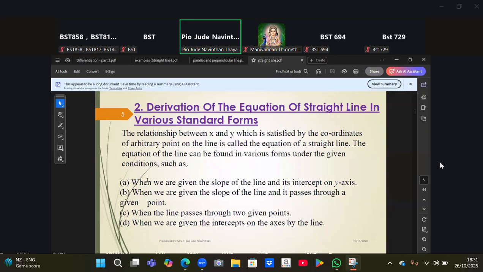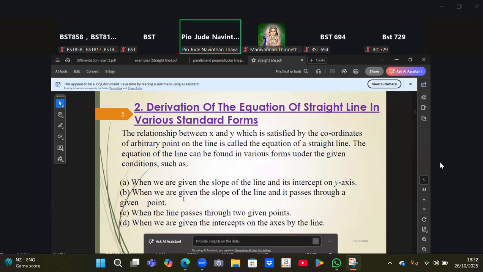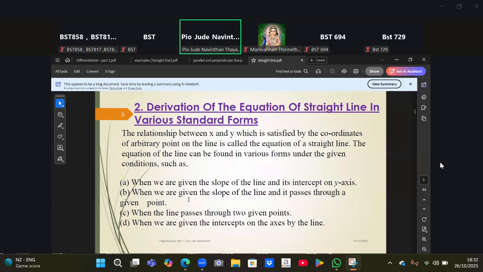One is when we are given the slope of the line and its intercept. So if we have m, the slope, meaning the gradient m, and the intercept point c. If we know these two values, m and c, in y is equal to mx plus c, you can substitute the values of m and c, then you can get the equation. The other one is, in the derivation of the equations, when we are finding the equation of a straight line, what we need.